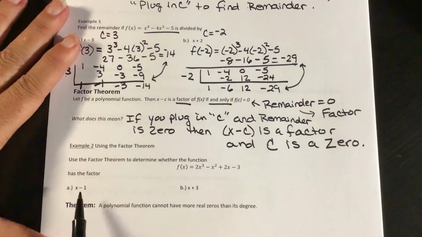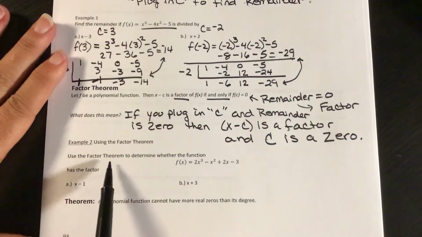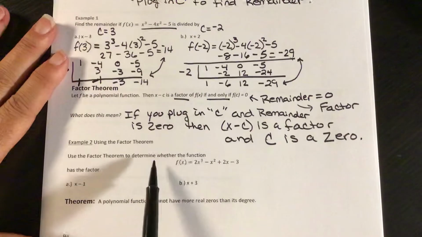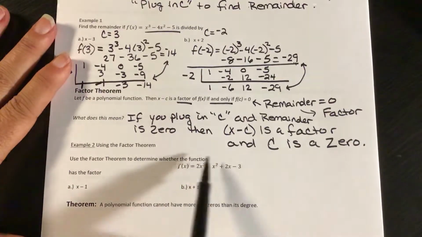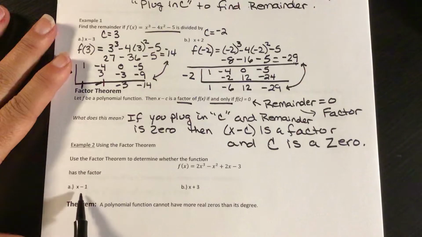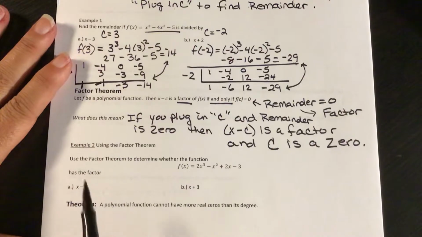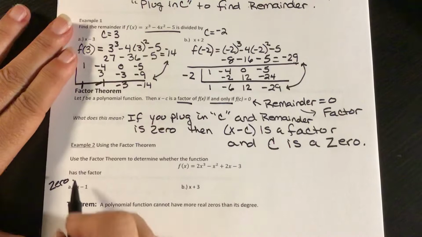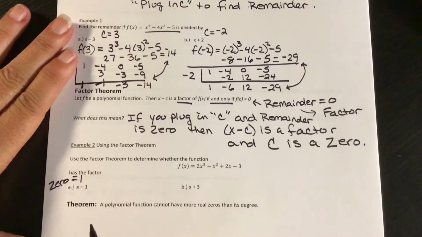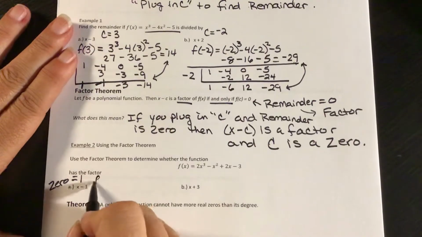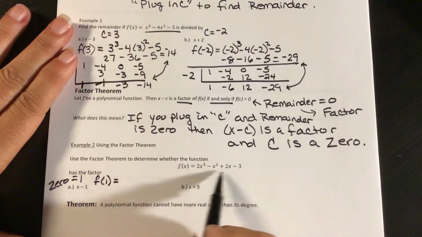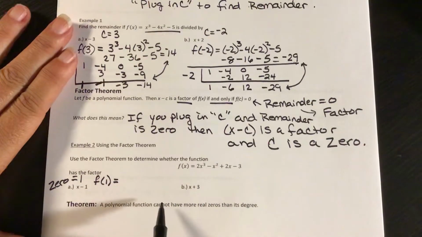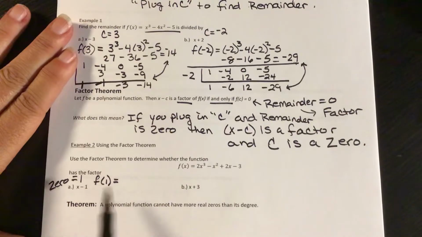All right, so it says to use the factor theorem to determine whether the function that is here has this as a factor. So we're going to look at the 0 here, and the 0 is positive 1. If I do f of 1 in here and get a 0 for the answer, then x minus 1 will be a factor.